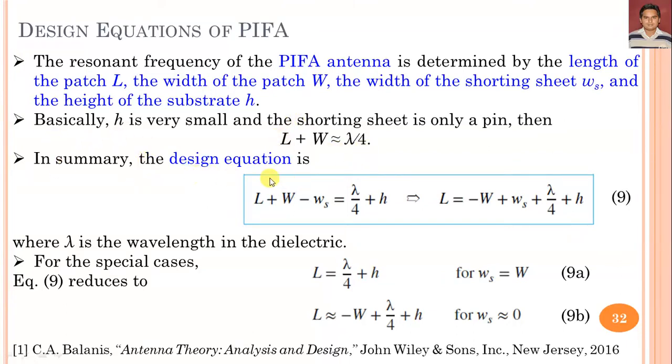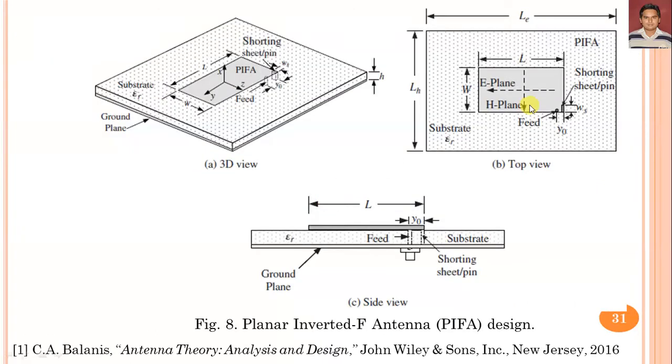In summary form, we can analyze the PIFA antenna design equation, and you can see L plus W minus WS. Here you can see this is L, this is W, and this is WS. L plus W, and this is the shorting pin.